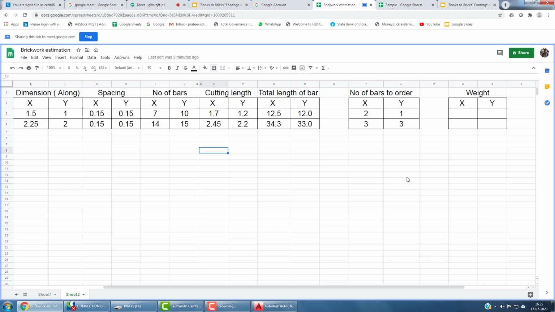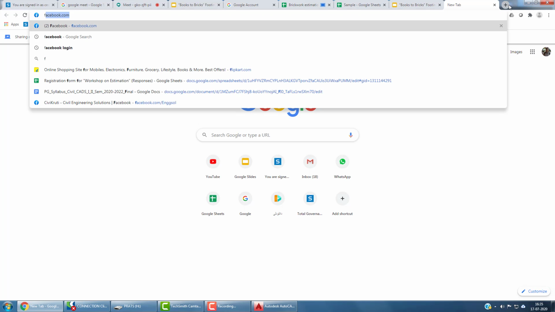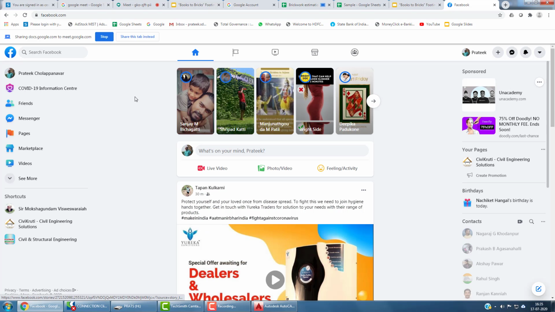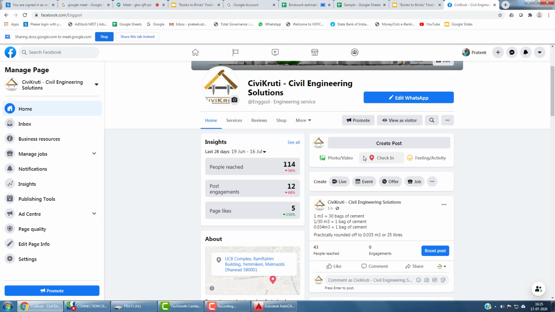D square by, I don't think it is 164. D square by 162.2.